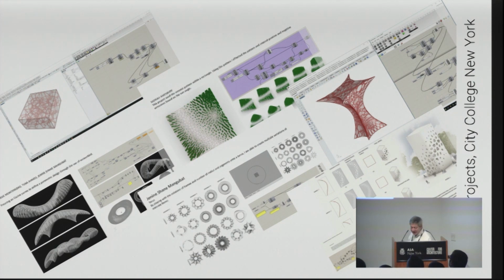And in addition to getting people at the office excited about using computational tools and computational design thinking, I've also been teaching computational design over the last decade or more, most recently up at City College. My primary focus in teaching about the process and thinking aspect of computational design is foremost, right?